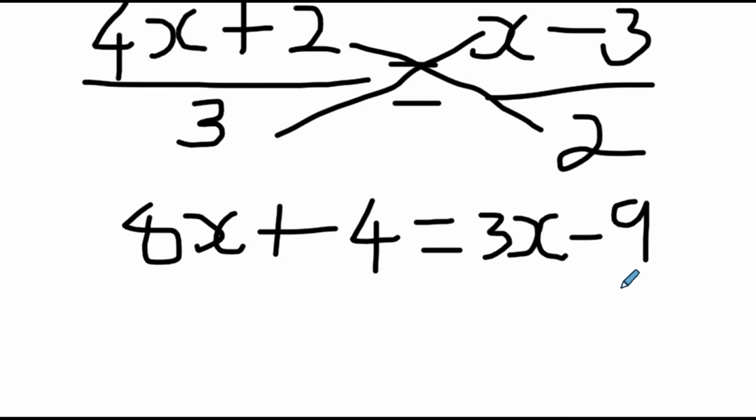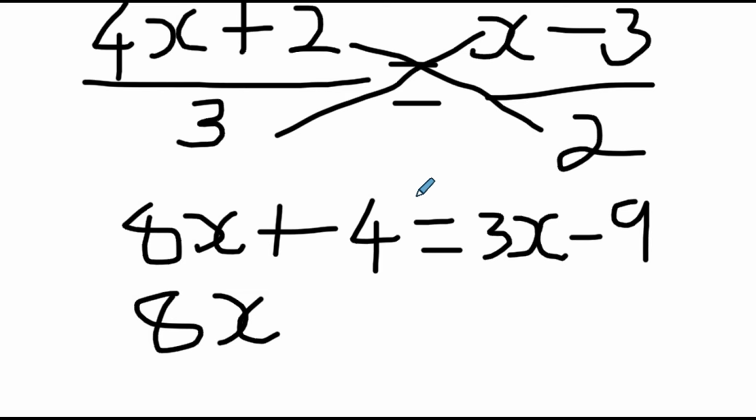So from here we pick what? The like terms. 3x is a like term to 8x, and 4 is a like term to minus 9. So I have 8x, 3x will move over to this point and 4 will move over to this point.